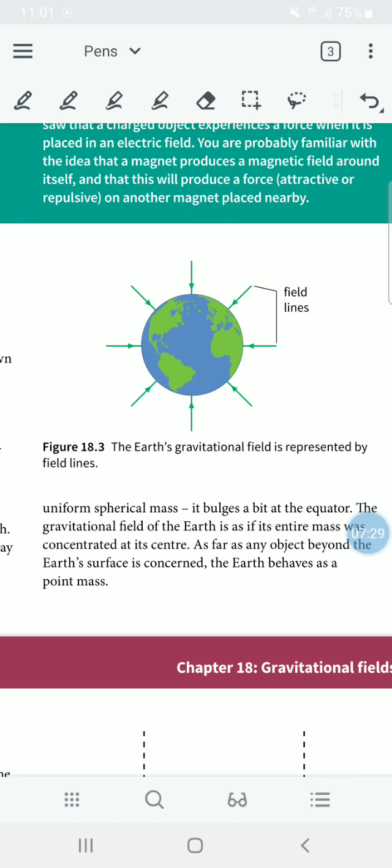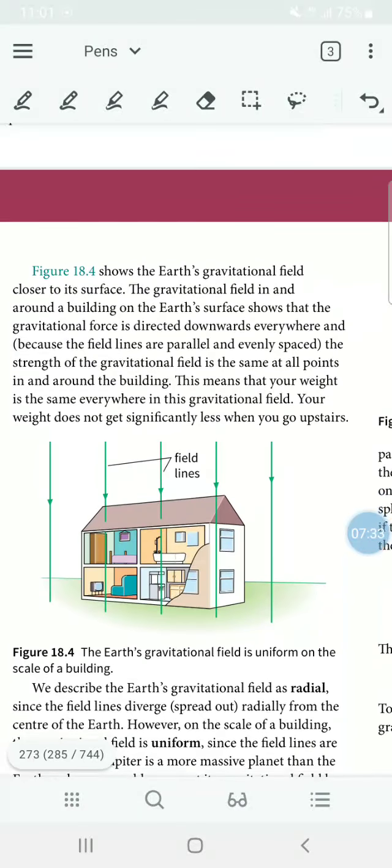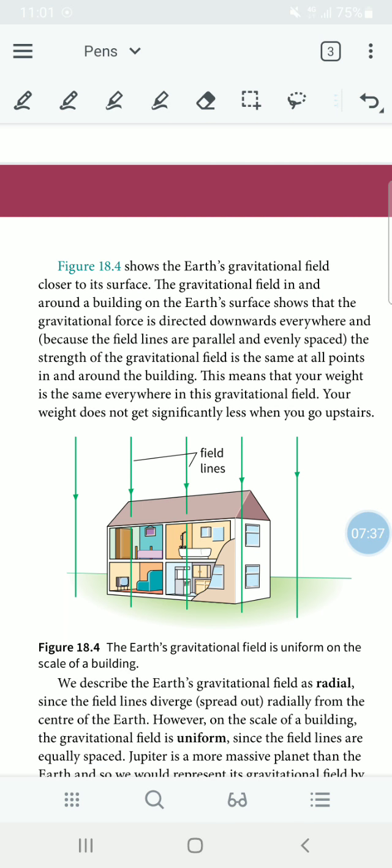Then after you draw, write down: closer to the Earth's surface, the field lines are parallel and evenly spaced, suggesting that g is the same everywhere you go in this gravitational field.